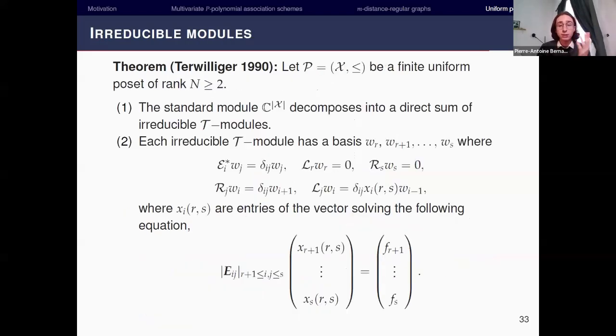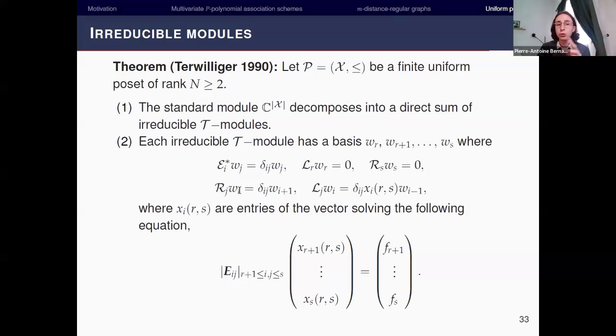And what is interesting is that this algebra is very simple and we understand it very well. Terwilliger showed that the vector space onto which these matrices act can be decomposed in irreducible modules with respect to the action of the generators in this algebra. So you can find a new basis for this vector space such that the action of the Li and the Ri and the Ei stars are very simple.